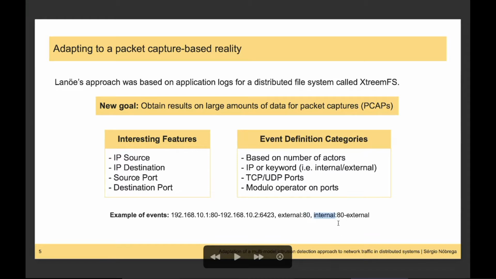And here you have both keywords, and this one is the source port. So these are a bit of the defined events, but a lot more events have been defined. I think there are 31 different types of events using, or basically playing with, all these categories that were defined.